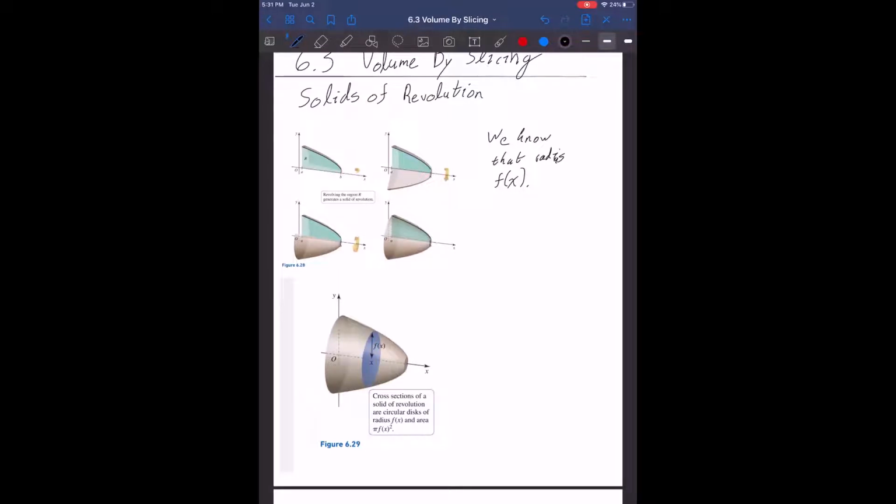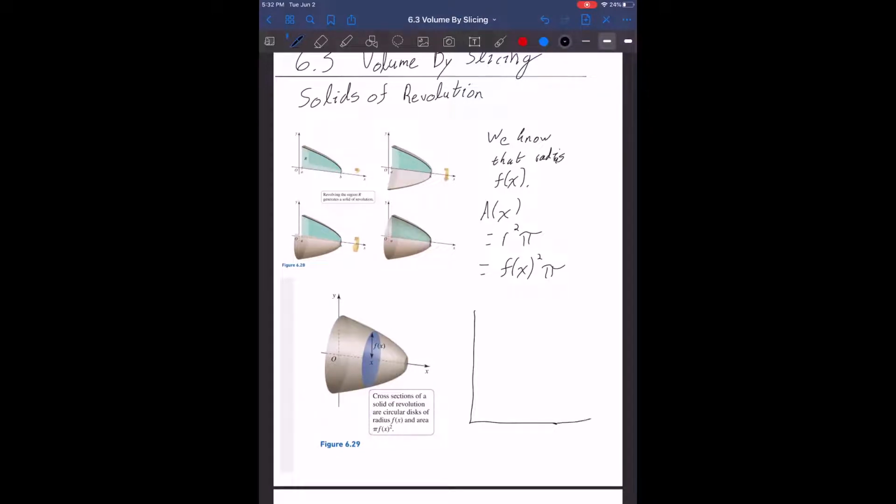So what that means is that if we were to slice it into different pieces and look at the area of the circle, which is always given by A of x, it's just going to be the area of a circle, so pi r squared, which we know is going to be f of x squared times pi. And now what we want to do is take all of these different areas, add them up, to get us a volume.